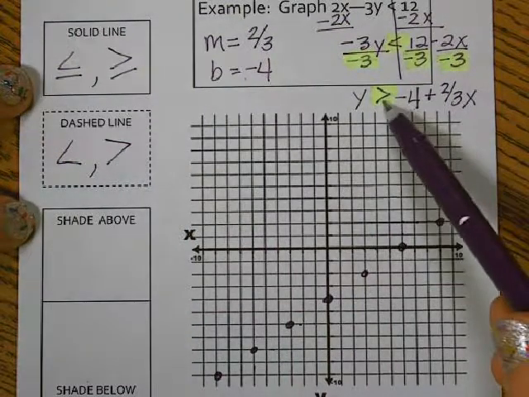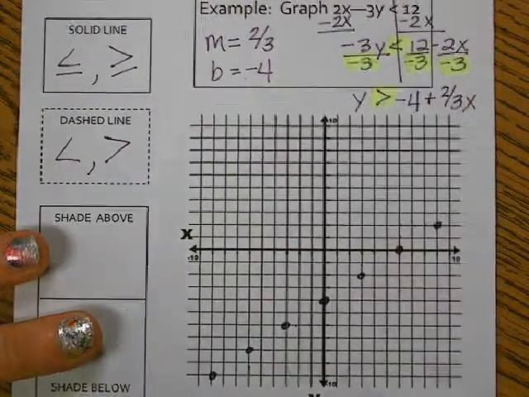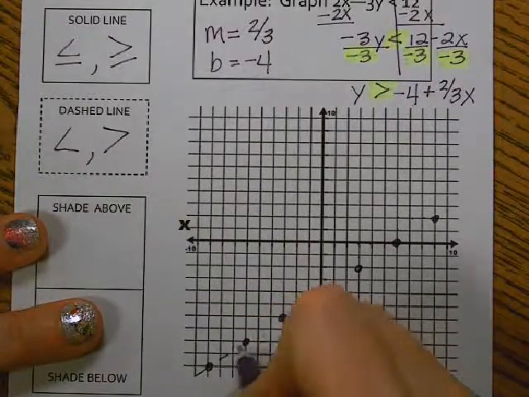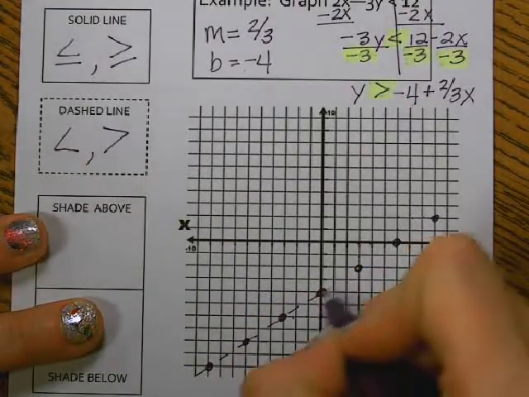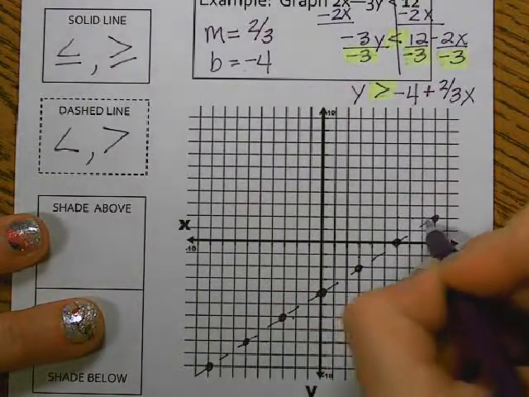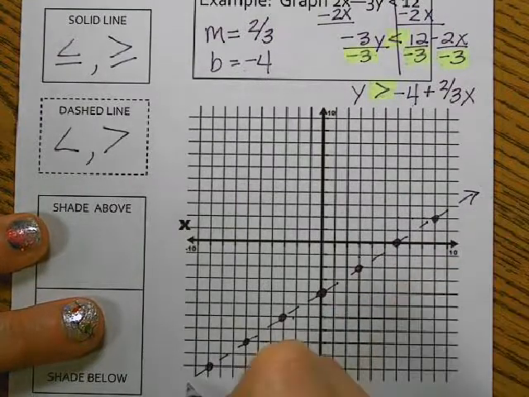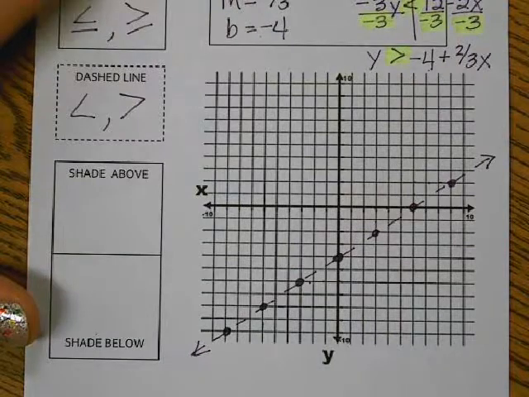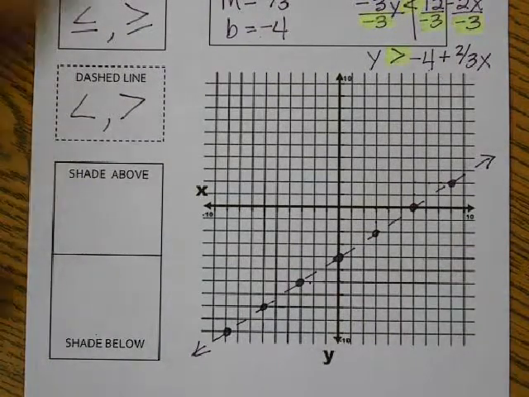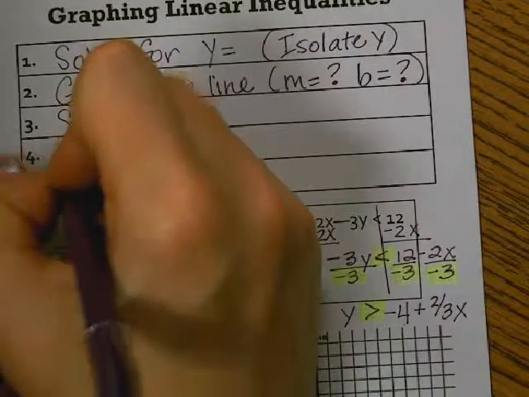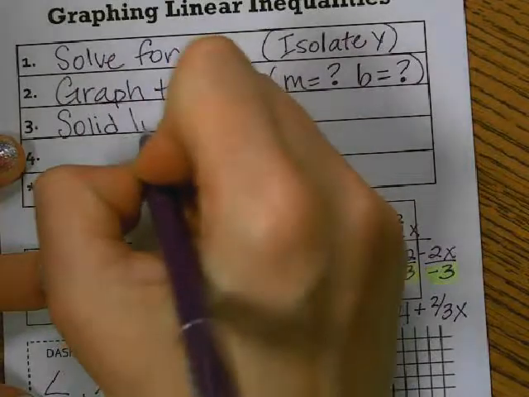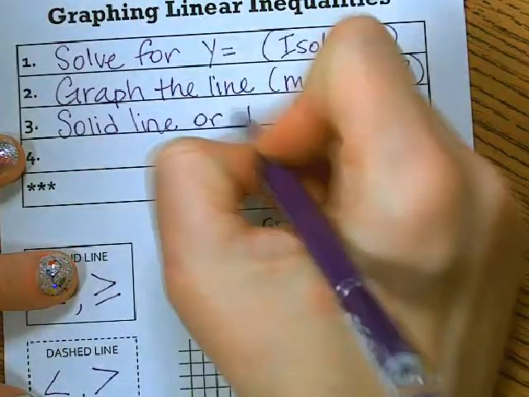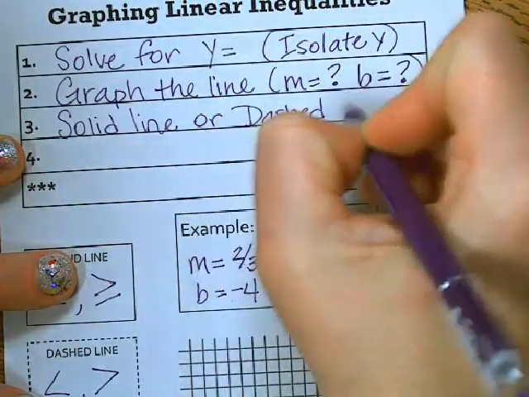So in this case, we have a dashed line. So what does that mean? That means you just draw little bitty lines. You don't connect it all the way through. So that means anything on this line is not equal to. Okay, so it's not included in my solutions. So step 3 is to determine whether or not you have a solid line or a dashed line.